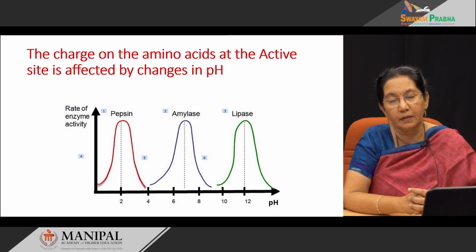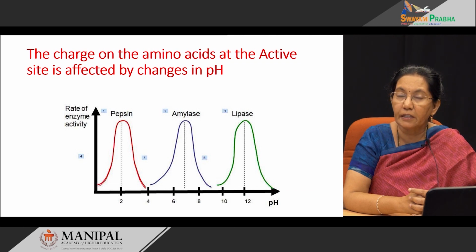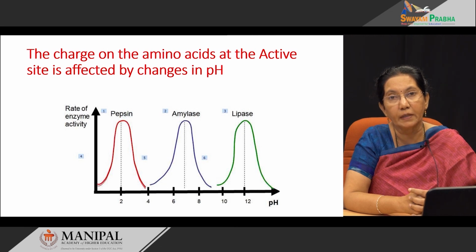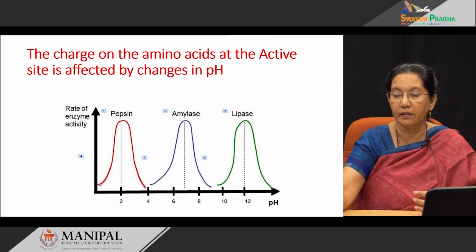Pepsin, for example, has an optimum pH at 2. That means it can only function when it is in an acidic pH. It can only function because the charges of the R groups at the active site are functionally stable at that pH. Therefore, we see how the active site is affected by pH.